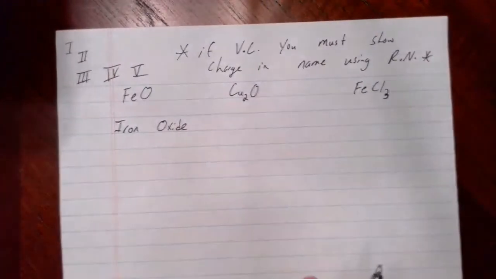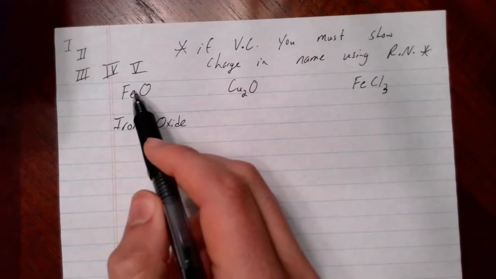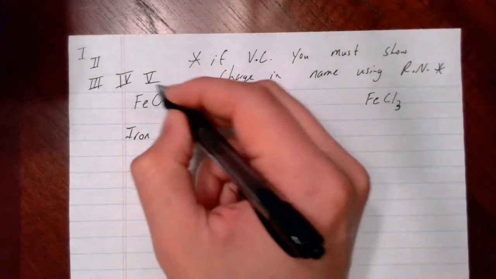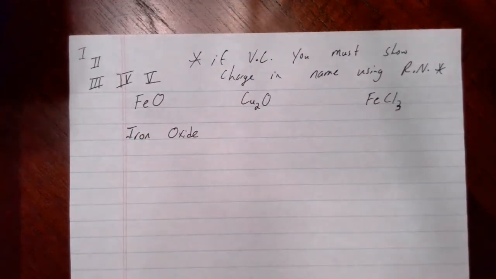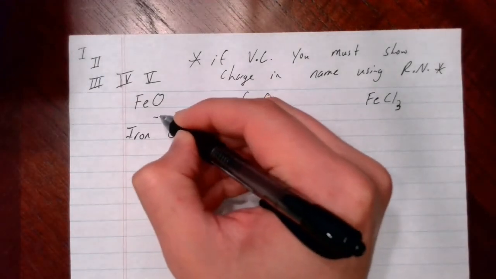So we have to figure out what this iron's charge is. That's a little bit tricky, right? But we know the overall charge of this compound has to be 0. Okay, we know they all have overall charges of 0. And I can know oxygen's charge. From the periodic table, oxygen's charge is -2.